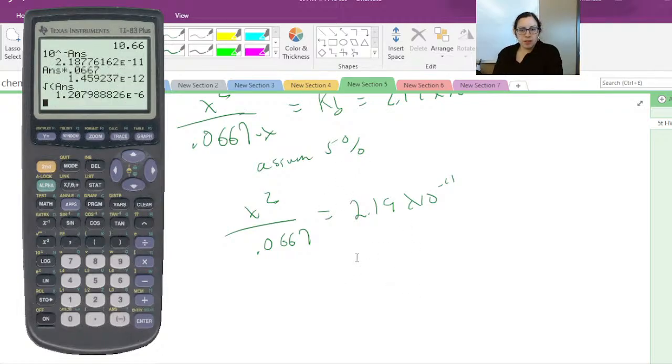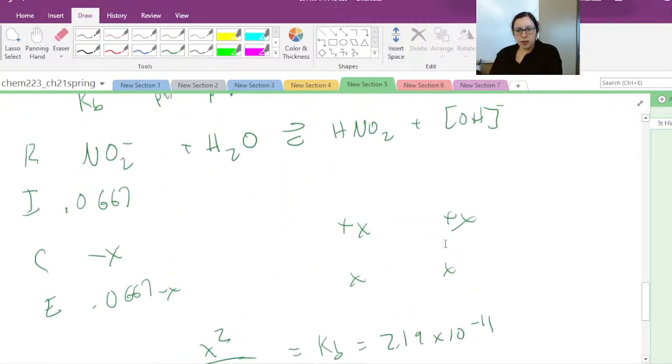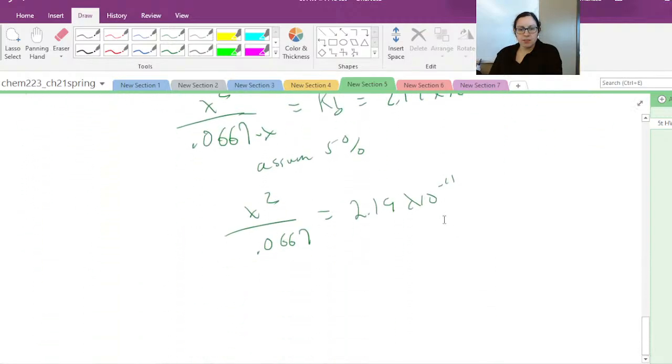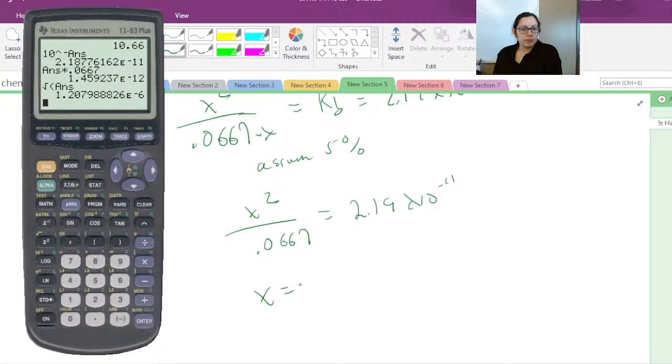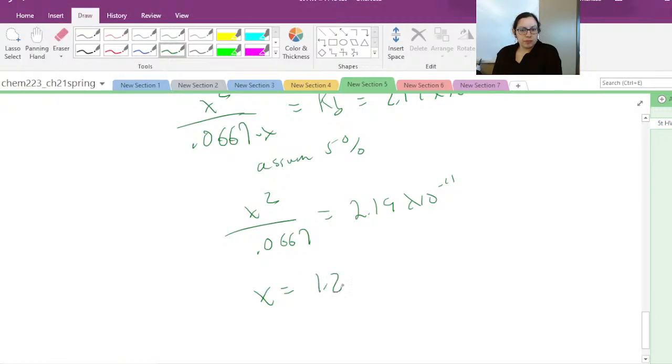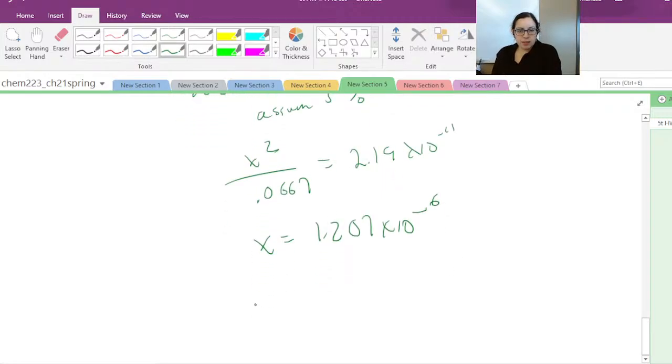All right, so now that's equal to x, which again, right, was our hydroxide concentration. And so now let's get pOH from this.